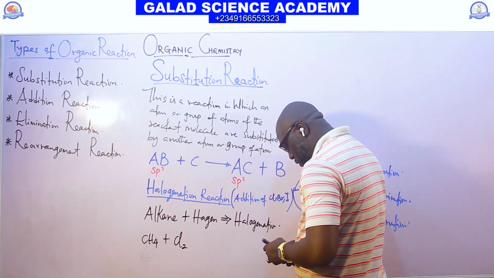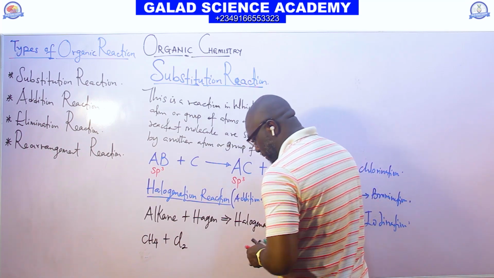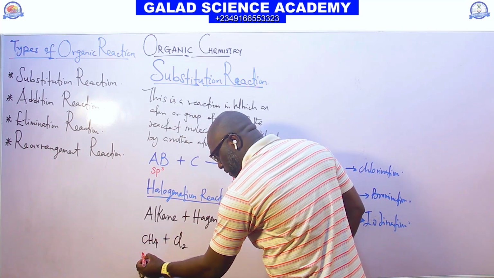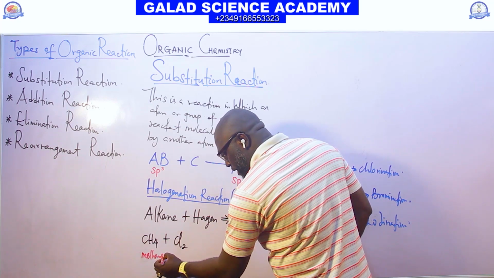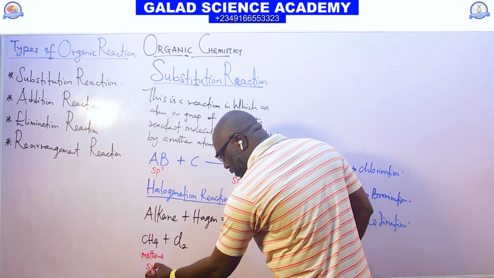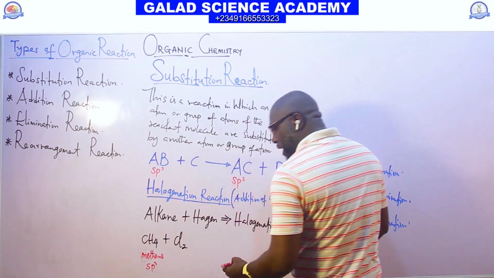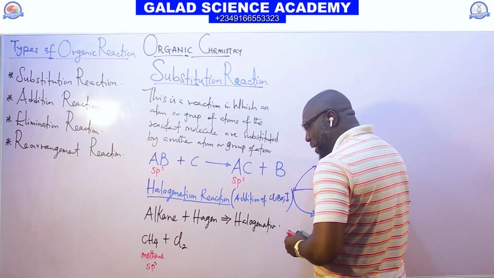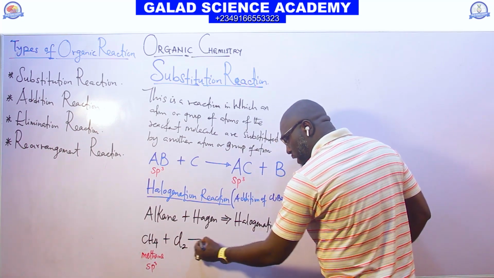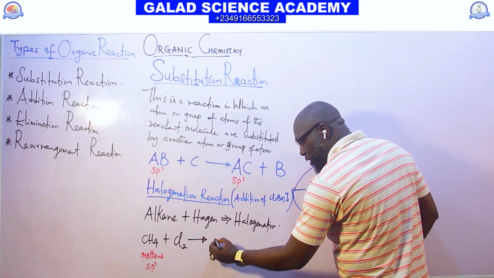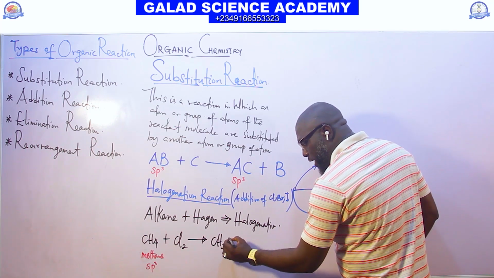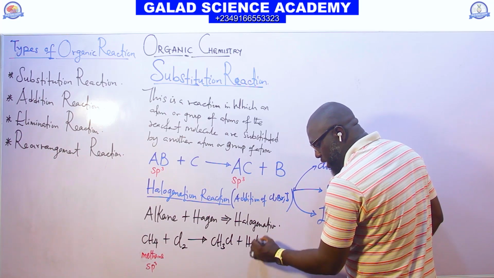This compound here is methane. What is the hybridization? sp3. And this is chlorine. So when methane reacts with chlorine, the product of the reaction is CH3Cl plus HCl.